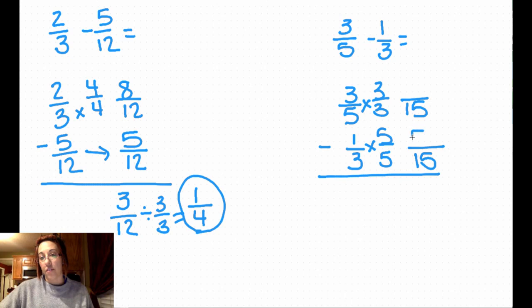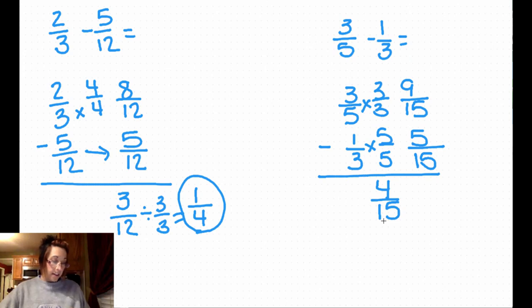So 1 times 5 is 5, 3 times 3 is 9. 9 minus 5 is 4/15. That cannot be simplified, so we are done with the math there.